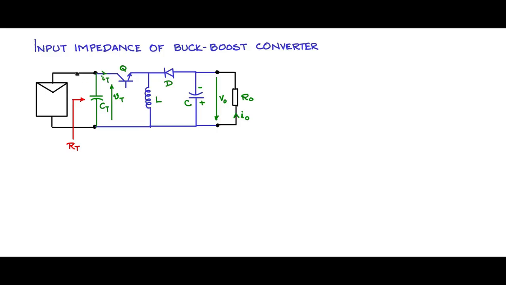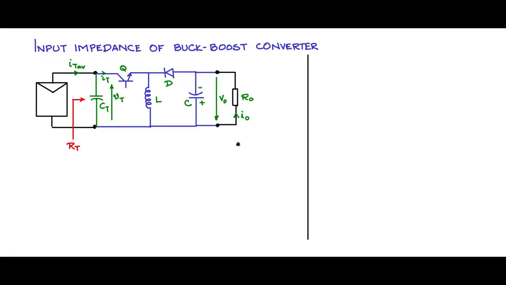The current here will be called IT average, like in the buck converter. The current through the capacitance, the buffering current, will be the ICT current. This will have an average 0, and this will be the switched current.